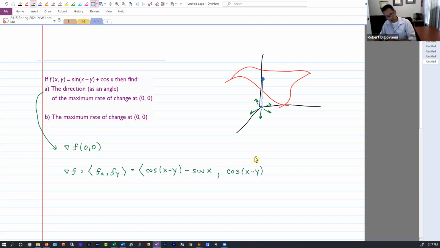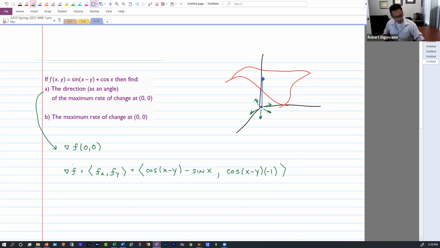What about chain rule? What does chain rule spit out here? Derivative of the inside with respect to y? It's negative 1. And then plus the derivative of cosine of x with respect to y, which is 0. So that's it. That's our gradient vector.